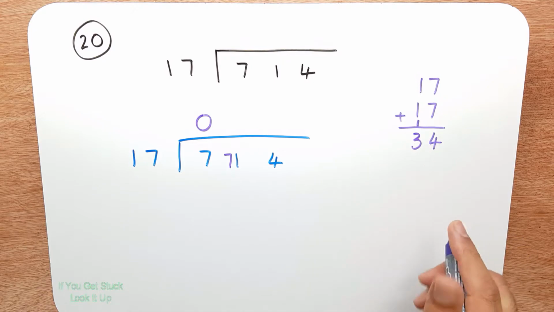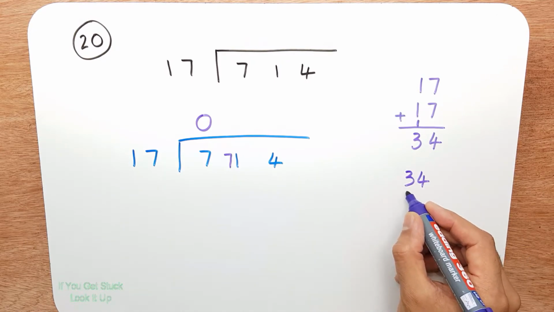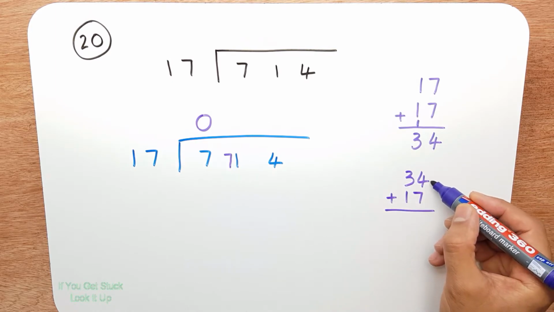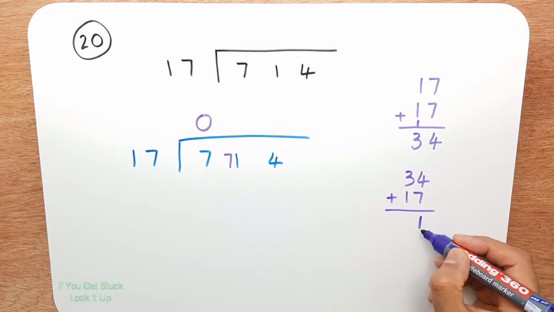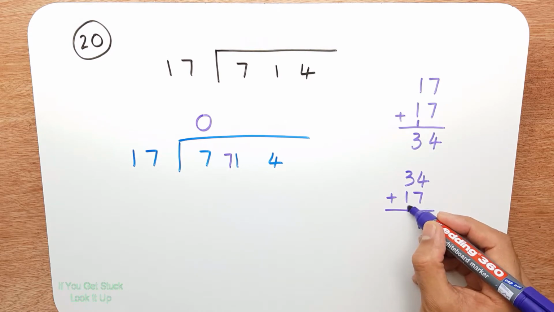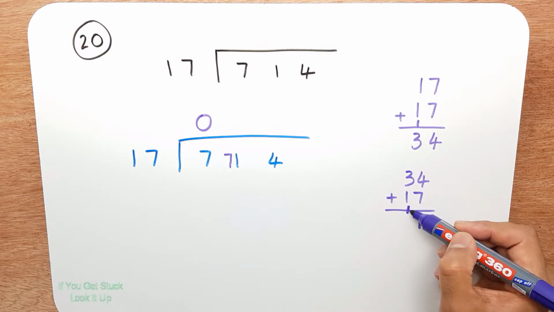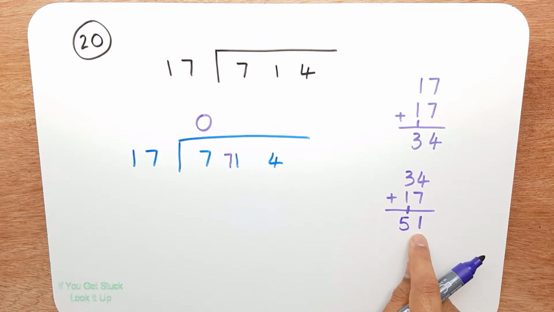So let's add another 17. 34 add 17. 4 add 7 is 11. 1 goes there. You carry the 1 to the next column. 3 add 1 is 4. Plus the 1 is 5. We've got 51.